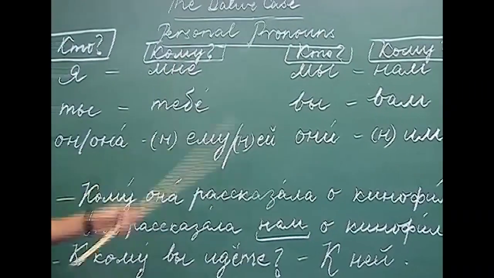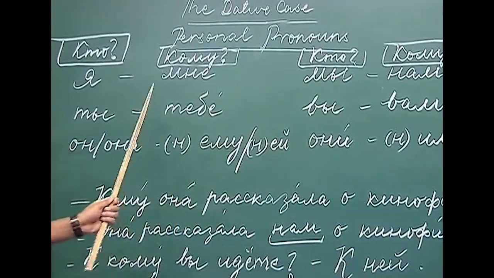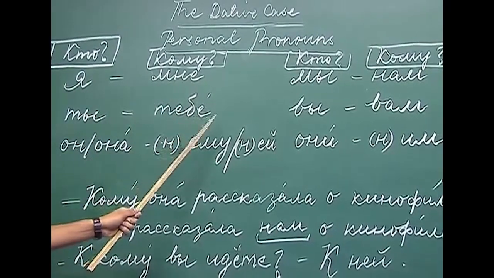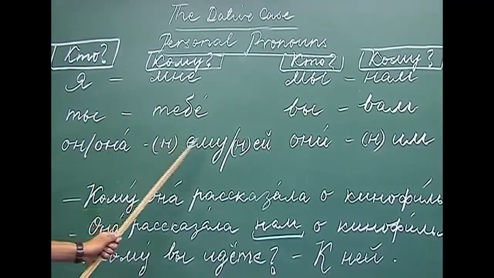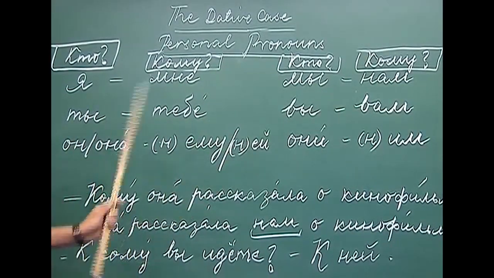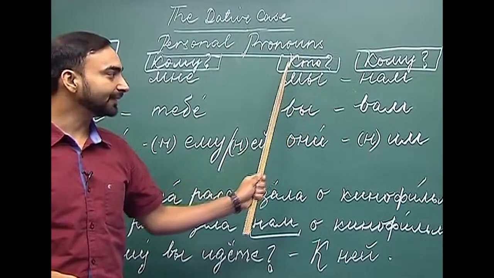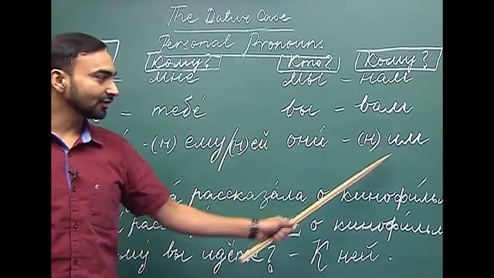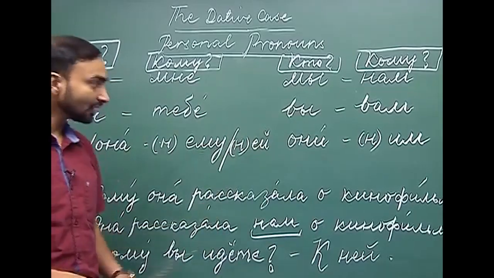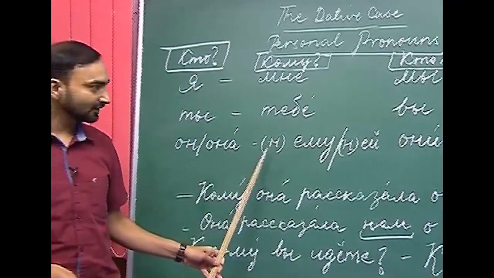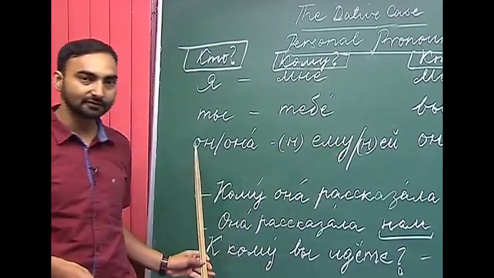So, let us repeat all of them once again. Mne from ya, tibie from ti, yimu from on, yei from ana, nam from mui, vam from vi and im from ani.